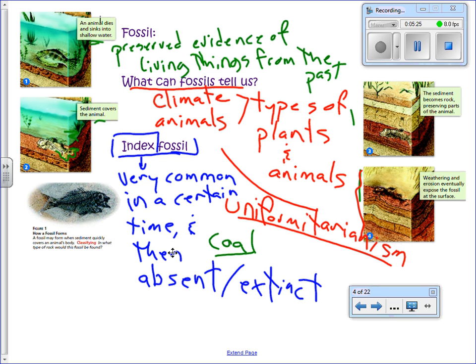So there are no dinosaur fossils that are newer than 65 million years ago. So if you find dinosaur fossils, they are only in particular layers of the Earth, and you know it's at least that old. So that is an index fossil of sorts, and we'll talk about some other index fossils as we move on. Everybody got fossils?